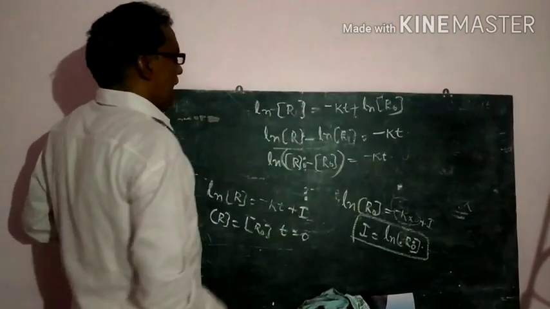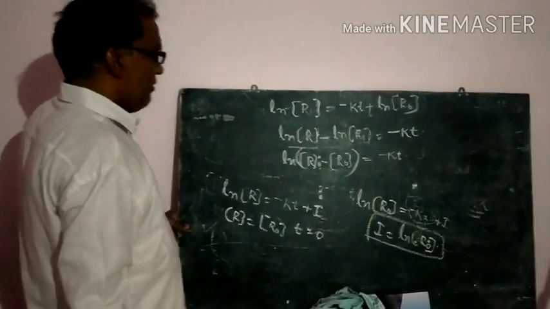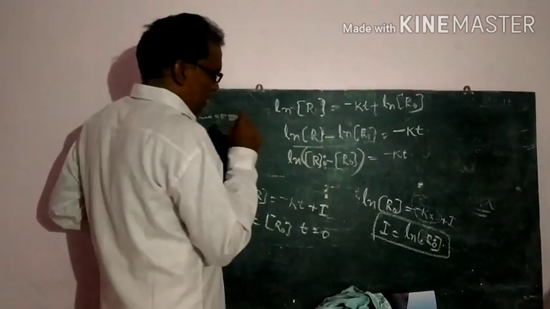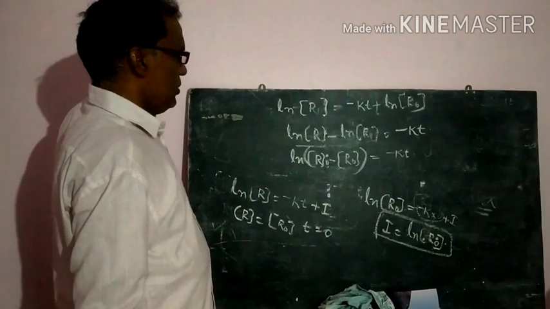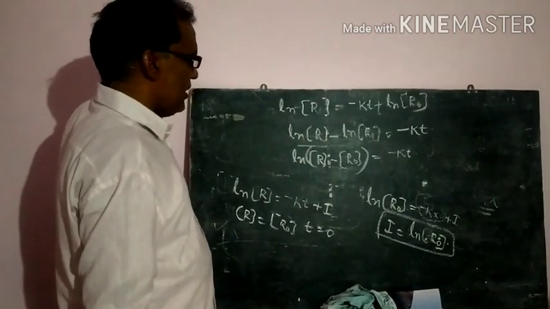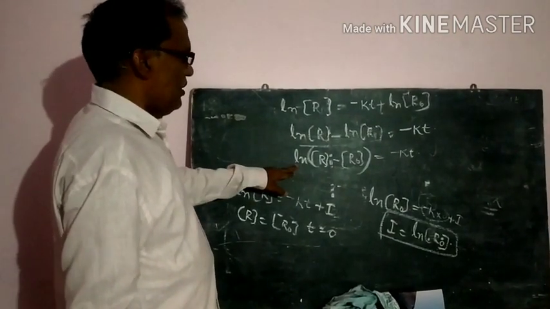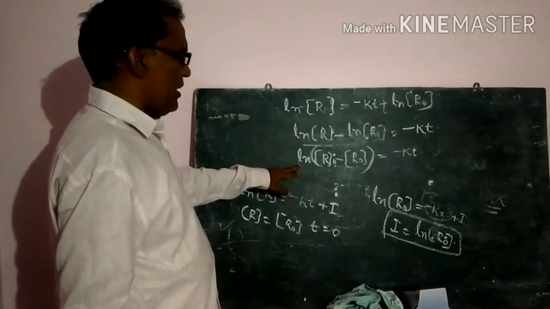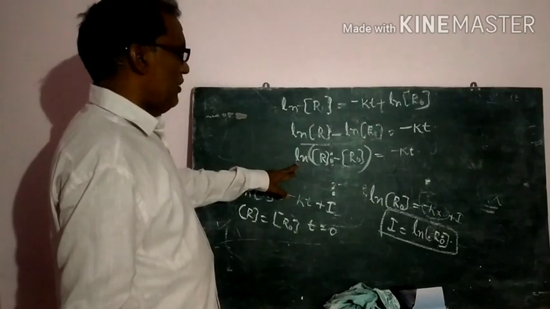From this one, k value or t value you have to calculate. So this value, natural logarithmic values we are using. R by R0 is equal to minus k into t. If you use logarithmic values, so what will you get? 2.303. This 2.303 value we have to use to find out the answer.